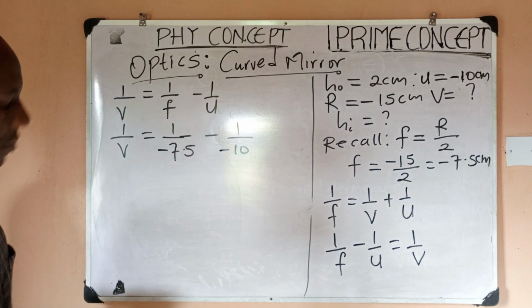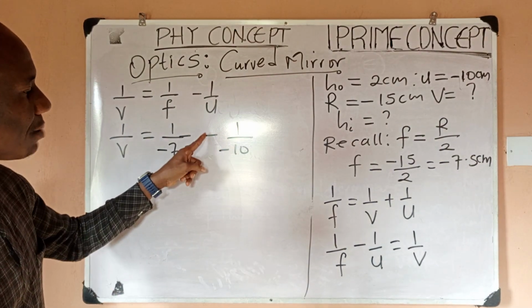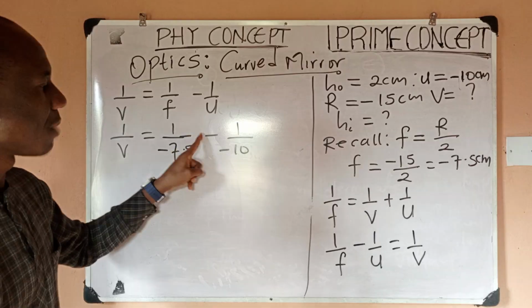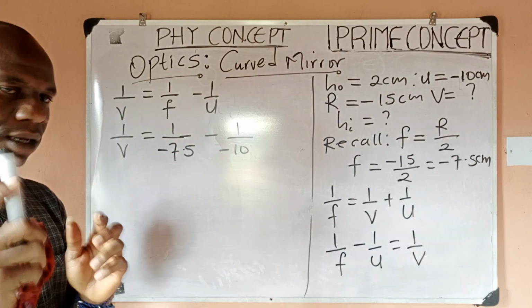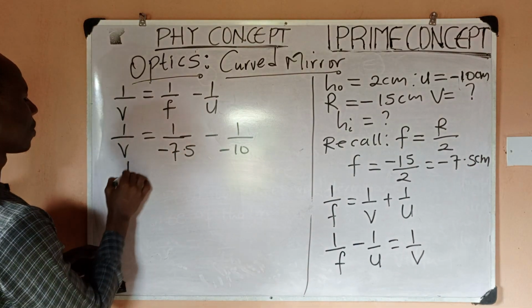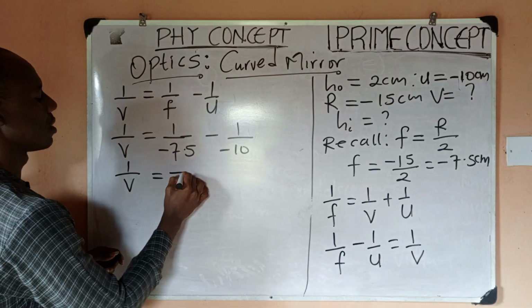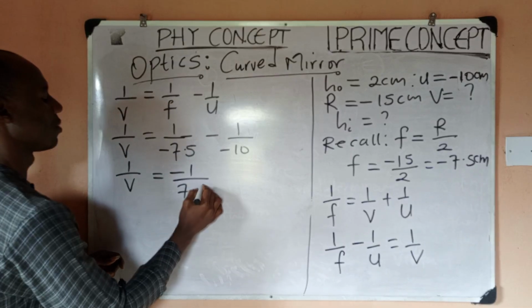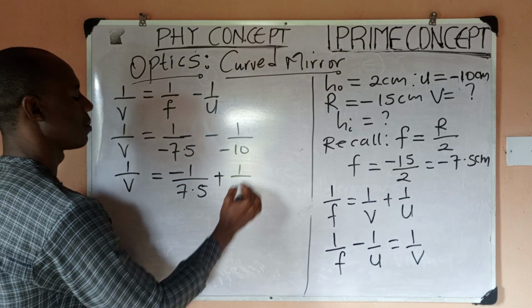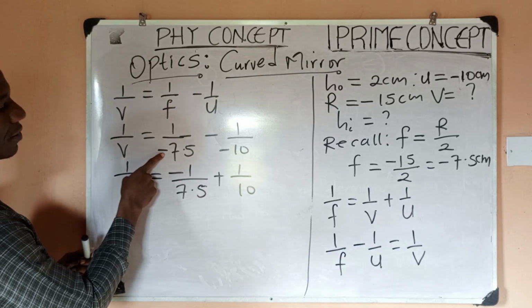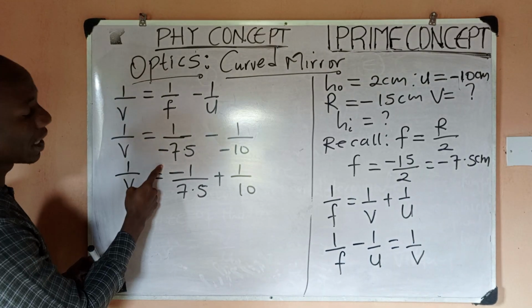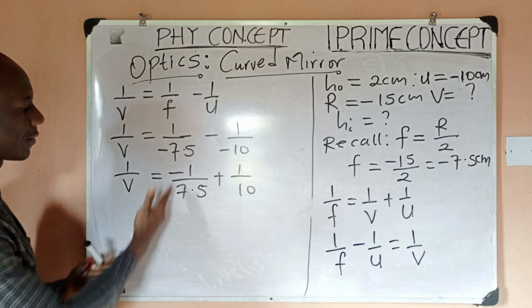You would quickly notice that this is minus and this is minus, so minus times minus gives plus. So I have 1 by V equals minus 1 by 7.5 plus 1 by 10. Of course, when you have a minus, it can stay up or down; it's still the same thing.